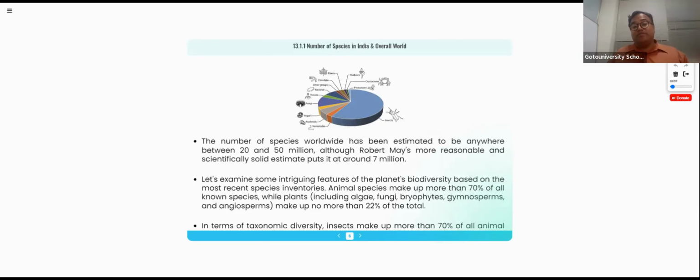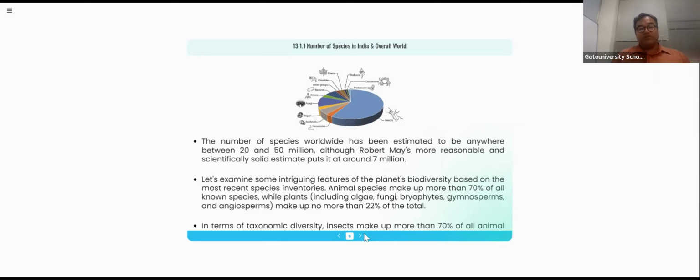In the same way, Robert May gave great statistics on species population of various geographical areas, and gave the overall population size as 7 million, right? That interest is very important. That interest makes you sit and study for many hours, right?